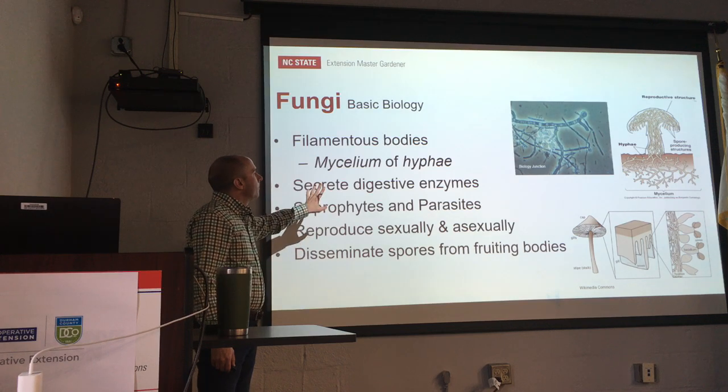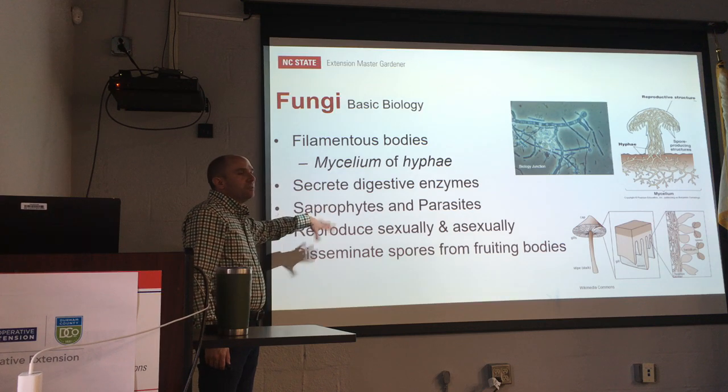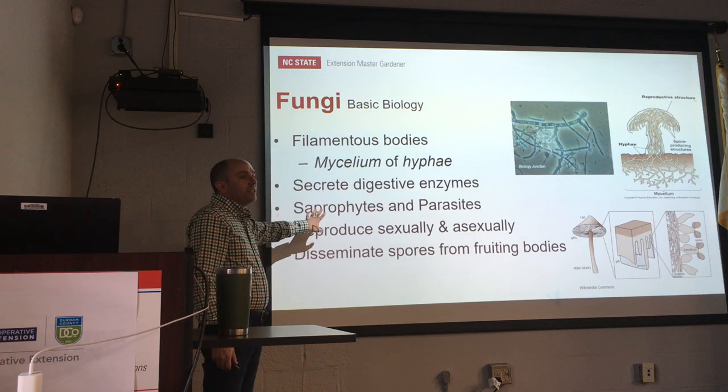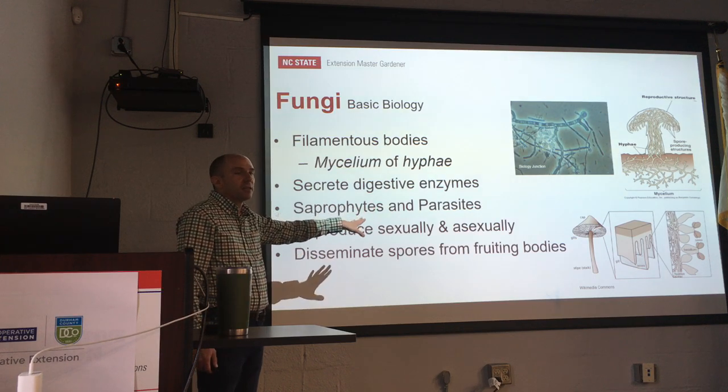Others, and often they help with decaying that matter, and if they are only growing on dead material, they're called saprophytes. But if they are able to infect healthy tissue, they are parasitic in that sense.